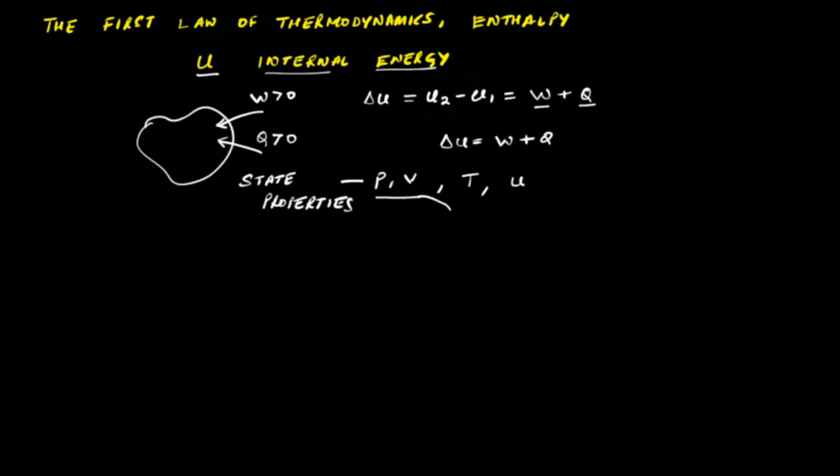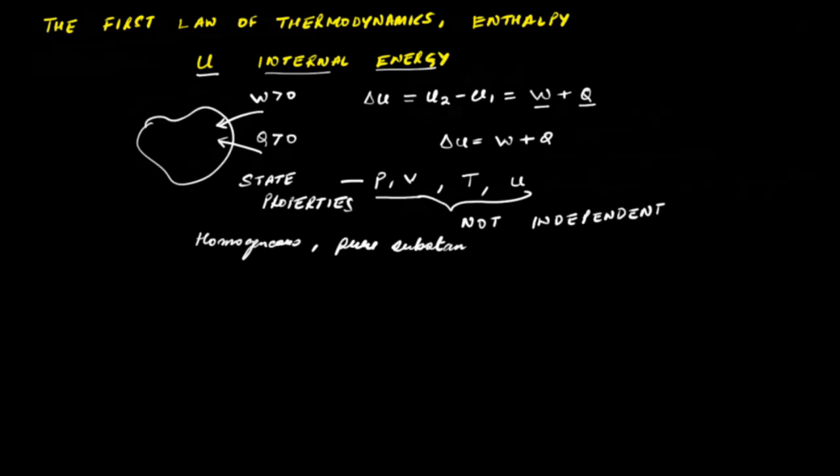Note that all these properties are not independent. We've already seen that if we have a homogeneous system of a pure substance, that means a pure substance in a single phase, then for a given mass of such a system, we can describe the state of the system using two intensive properties.